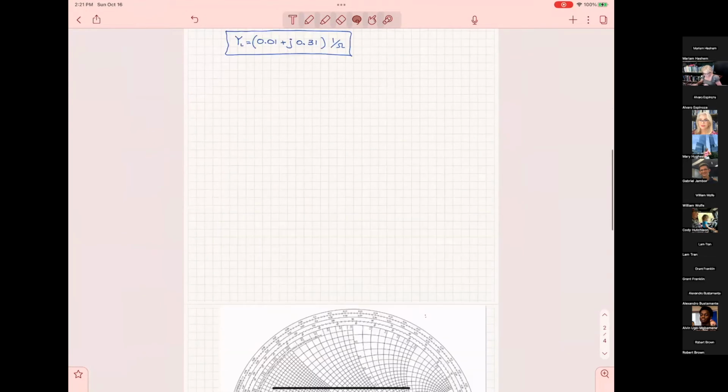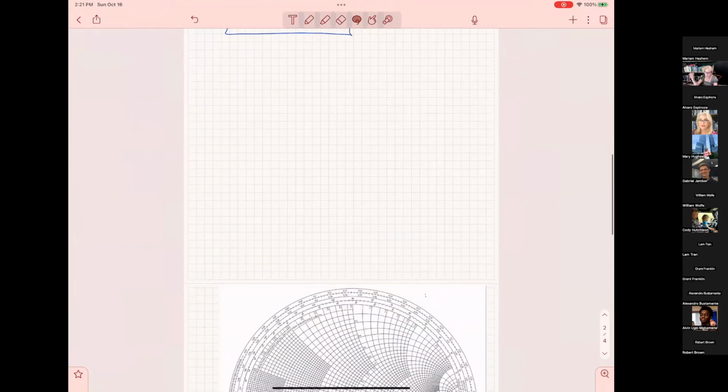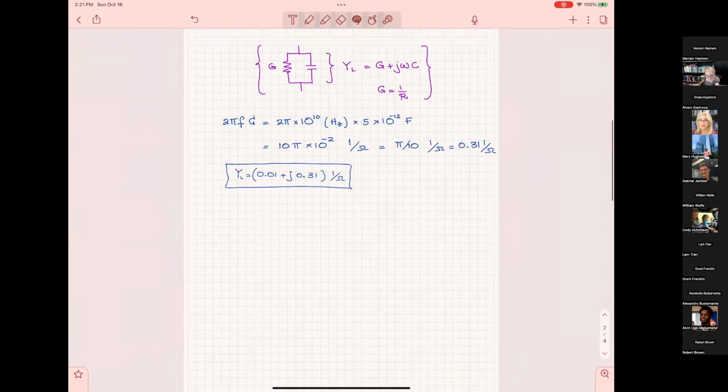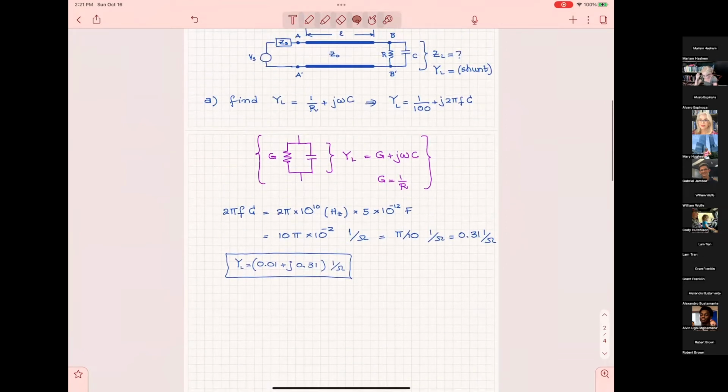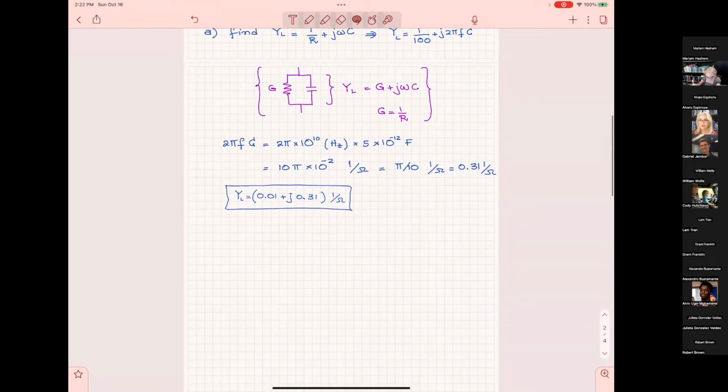Now, we have therefore to go to the Smith chart to find the solution. And what we need to do before we go to the Smith chart is what? Can we go to the Smith chart with YL or ZL for another problem? We have to normalize first. Exactly. You will have to normalize. So we normalize YL.